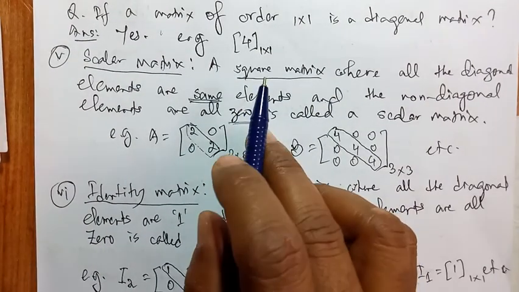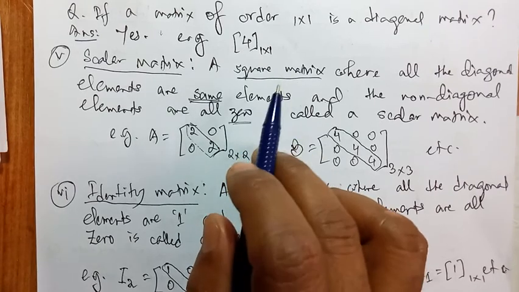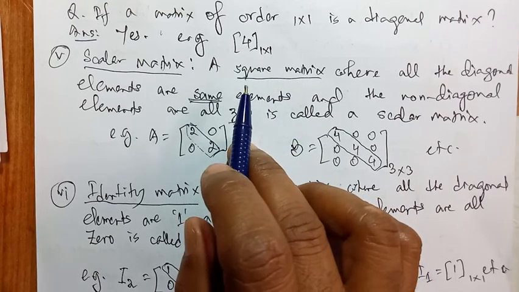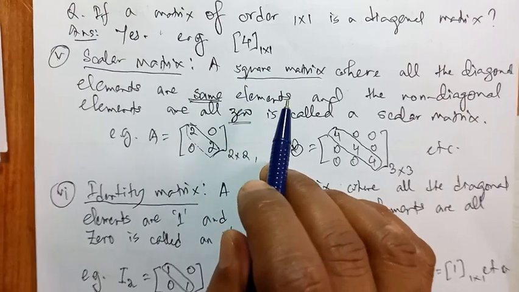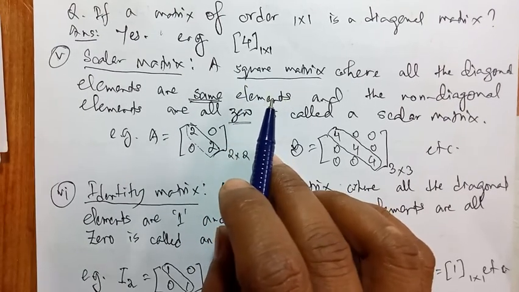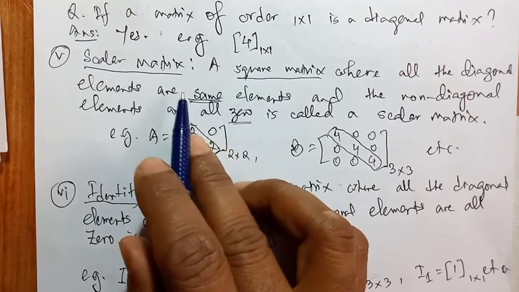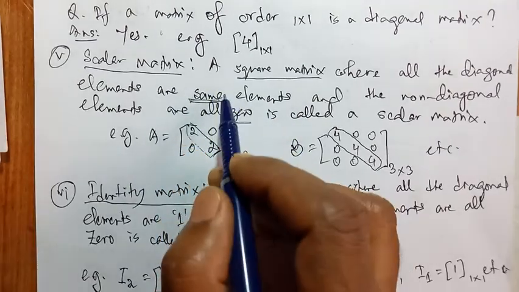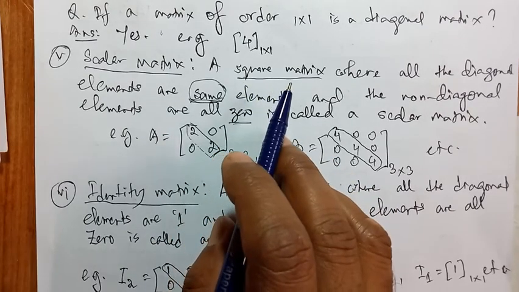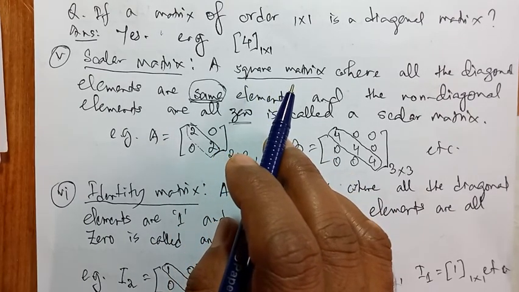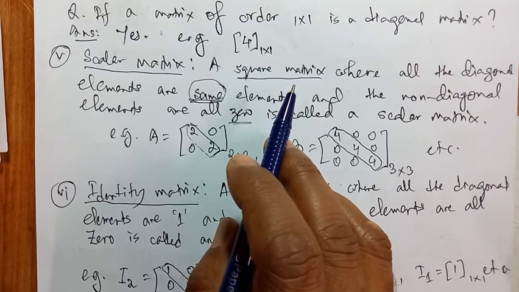But apart from that, this diagonal matrix has one special characteristic. The special characteristic is that the diagonal elements must be non-zero and also they must be the same. So this type of diagonal matrix is known as a scalar matrix.